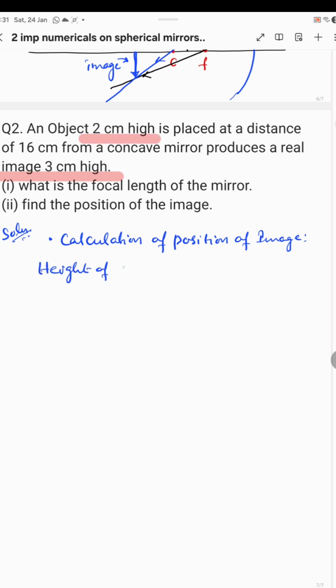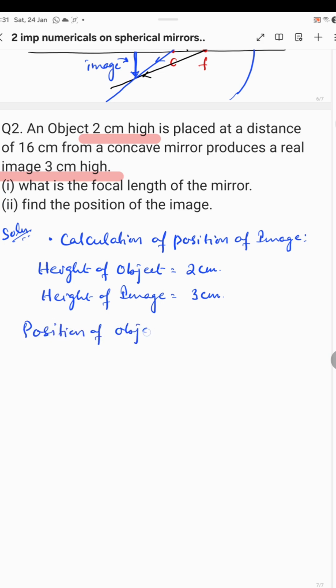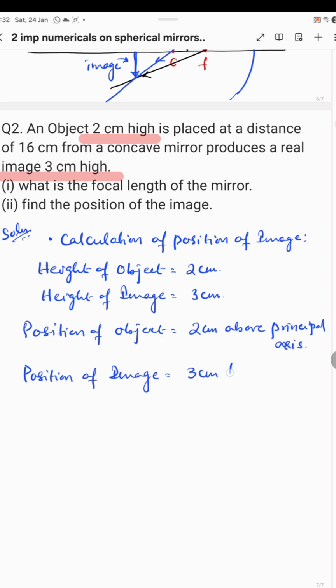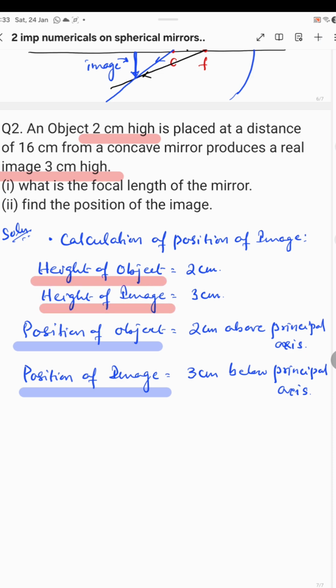It is given height of the object is 2 centimeter and height of the image is 3 centimeter. So we can say the object is 2 centimeter above the principal axis and the image is 3 centimeter below the principal axis because it is a real and inverted image.